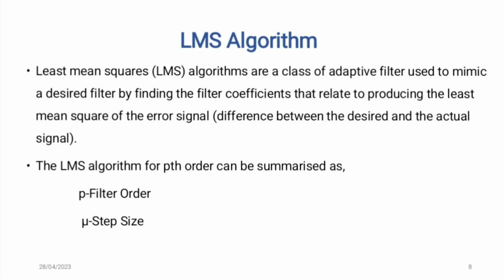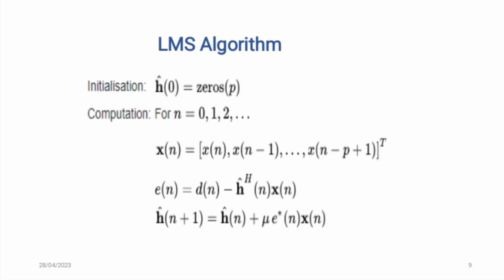Let's get to know about the least mean square algorithm or LMS algorithm. The LMS algorithm is a class where it mimics a desired filter by finding the filter coefficients that result in producing the least mean square of the error signal. The algorithm for pth order can be represented as follows, where p is the filter order, mu is the step size, and h cap is an initialization value. Initialization values are equal to the zeros of the pth order.